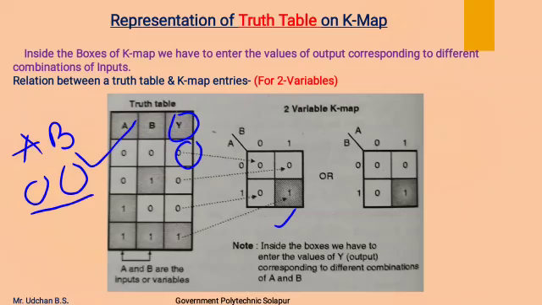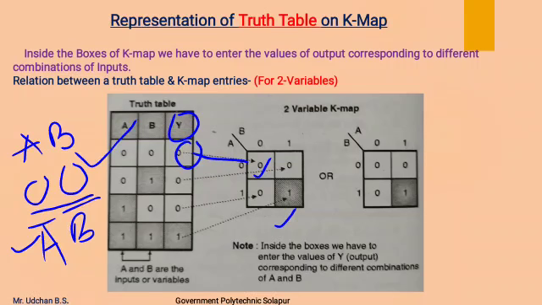Now this is 0 0, so I can write it as A bar B bar. So I have to enter its corresponding output in the cell where the product term will be A bar B bar. Therefore this 0 is written in the first cell.